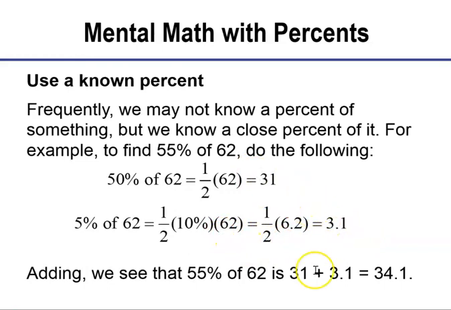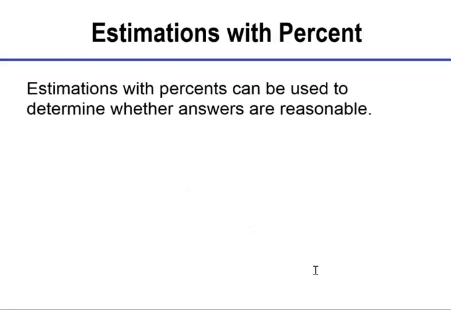You add those together to get 34.1. I use percent mental math calculations when I calculate a tip frequently, because it's easy to calculate 10% of something and then double that amount to get 20% for a tip. So just little tricks.